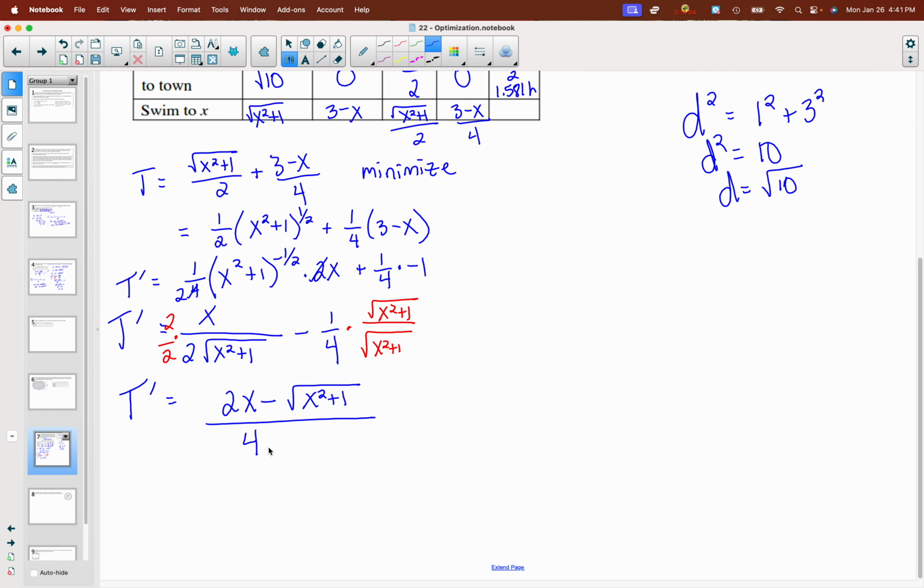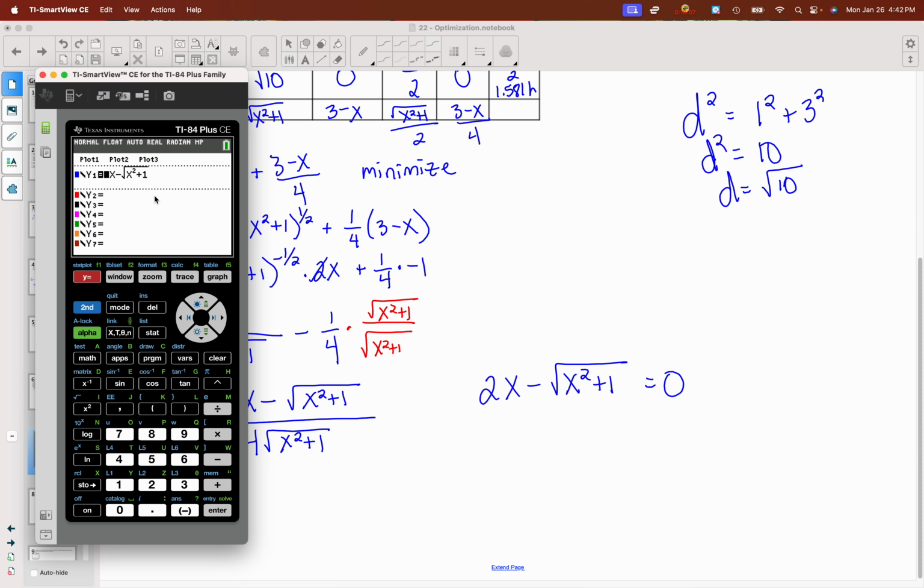The denominator is 4 times the square root of x squared plus 1. And now I need to set this equal to 0. 2x minus the square root of x squared plus 1 equals 0. And we're going to use our calculator for this.